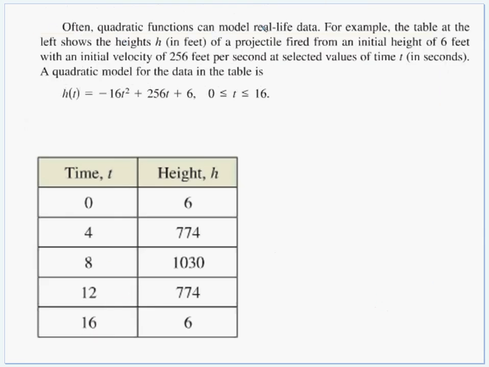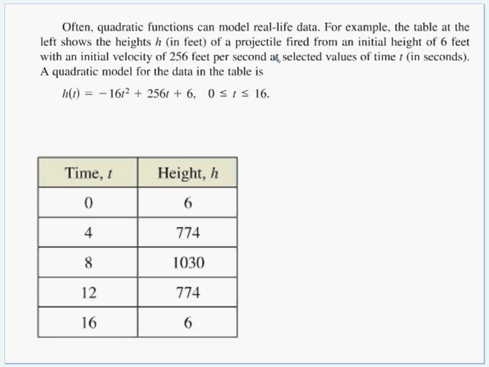Often quadratic functions can model real-life data. For example, the table below shows the height in feet of a projectile fired from an initial height of 6 feet with an initial velocity. Let's say you're tall enough that your arm is about 6 feet off the ground, and you're going to throw a ball, and you throw that ball at 256 feet per second.